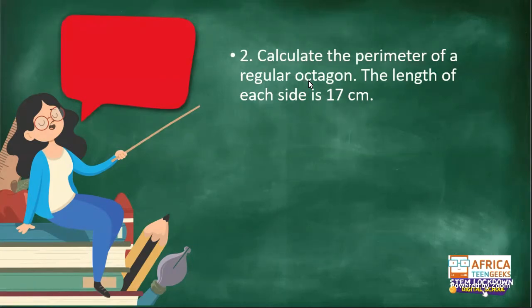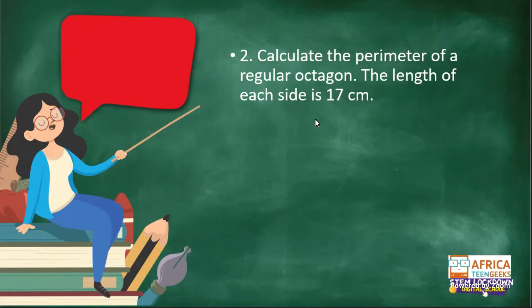Exactly. Once you have defined the octagon, you should be able to see that the octagon has got 8 sides, and now that it is 8 sides, you can simply multiply 8 by 17 centimeters.